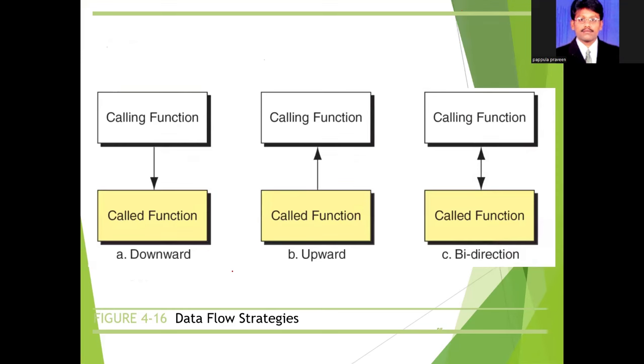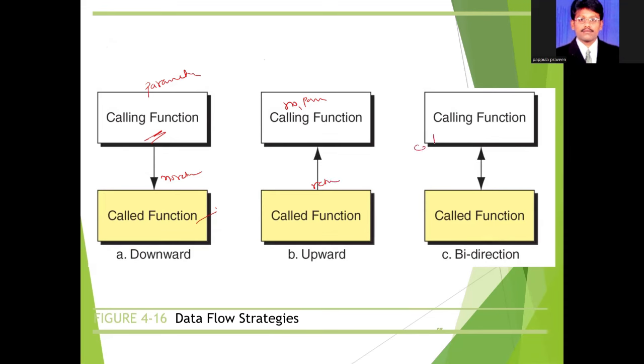Already we have a diagram. You observe the diagrams. This is the second diagram. Downward is the second diagram. No parameter, see, parameter, return value. Calling function here. This is the parameter, no return. Now this is the no parameter, return.